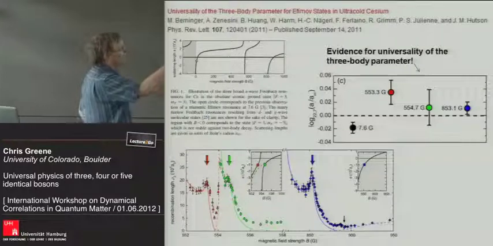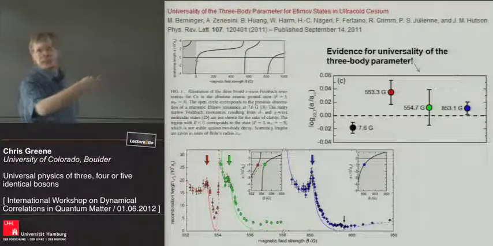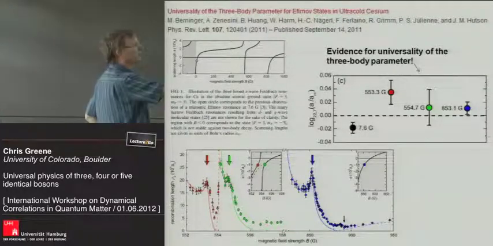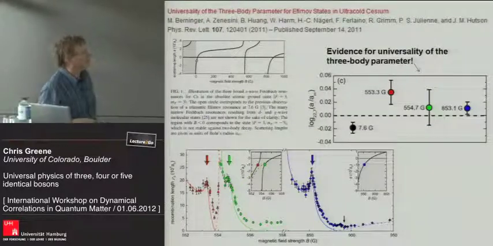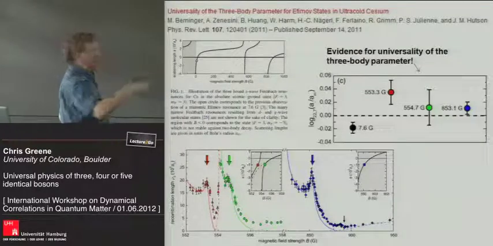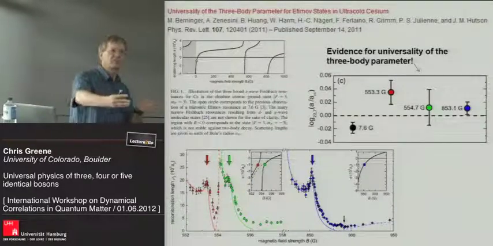This is kind of a funny scale, but basically if they all had the same scattering length of the first Efimov resonance, they would all be equal. And you see, more or less within error bars, they're virtually all equal. The data was deduced from graphs plotting loss versus magnetic field, and then turning that into loss versus scattering length.